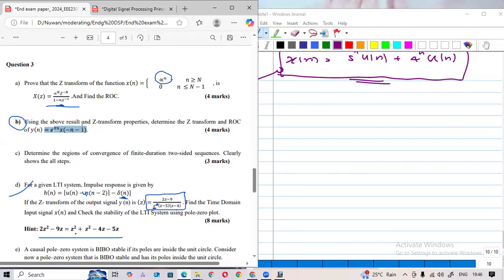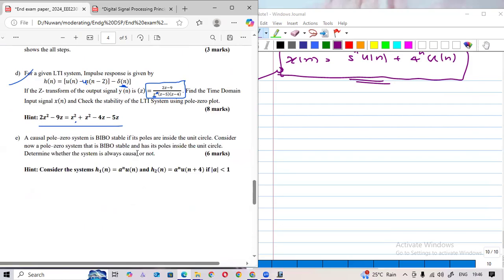There are many holidays, so we can't complete the Z transform properties. That is why I am not putting the Z transform properties in this end paper. So you can do this without the properties. You have to use the basic definition of the Z transform, then you can calculate.